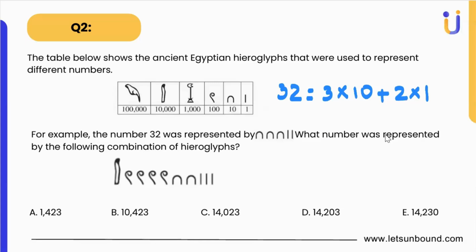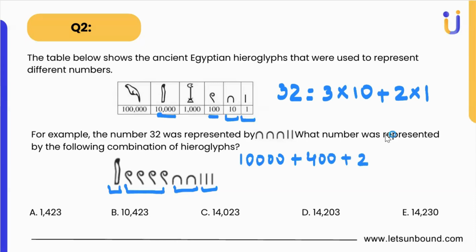Now, looking at this, we have one symbol for 10,000. We have 4 different symbols for 100 here. And we have 2 symbols for 10 and 3 symbols for ones, which means it is 10,000 plus 4 symbols for 100, which would mean 400, 2 symbols for tens, so that means 20, and 3 symbols for the dashes, which indicates 1, which means 3.